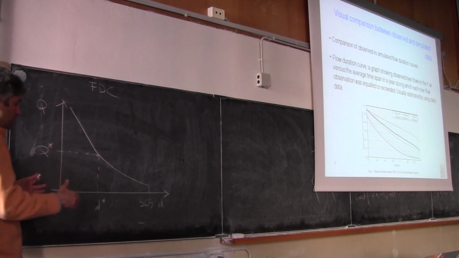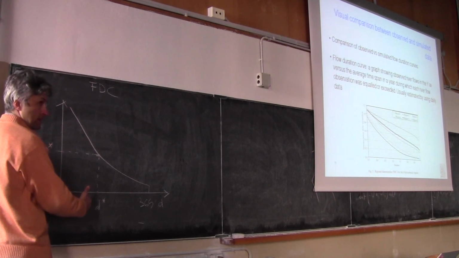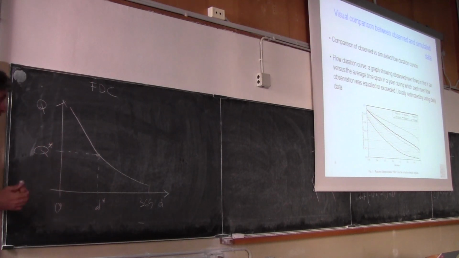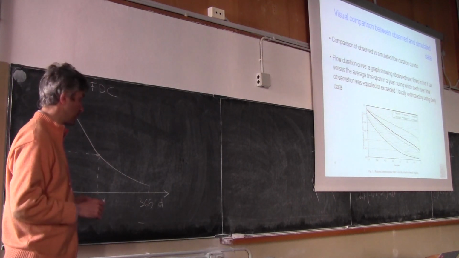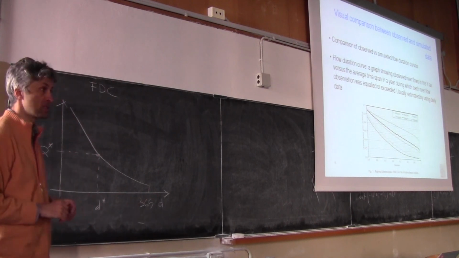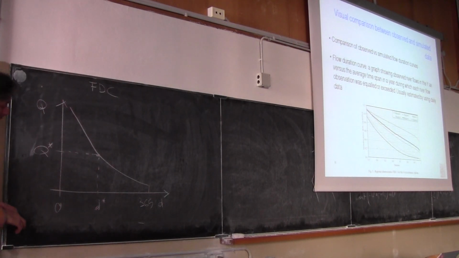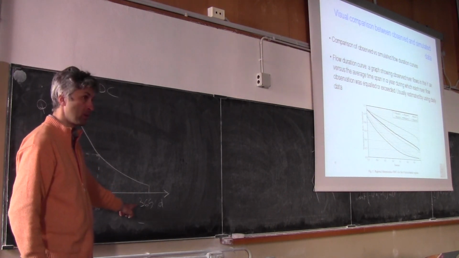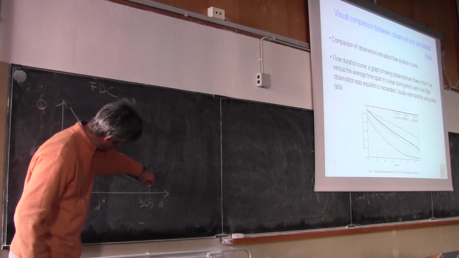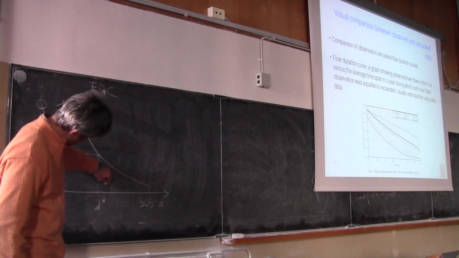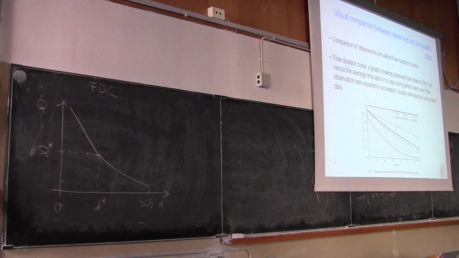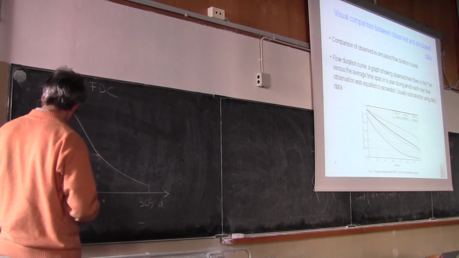And if you use monthly data, the maximum abscissa is 12, of course. But usually, as I said, we work with daily data, so the maximum is 365. And in correspondence of the maximum value of the abscissa, you get the minimum flow on average along the river. So this is Q min.